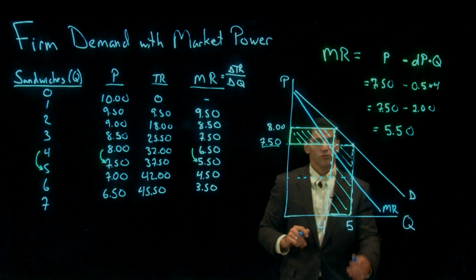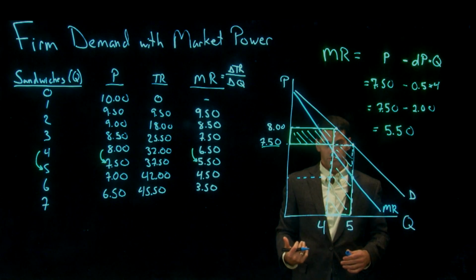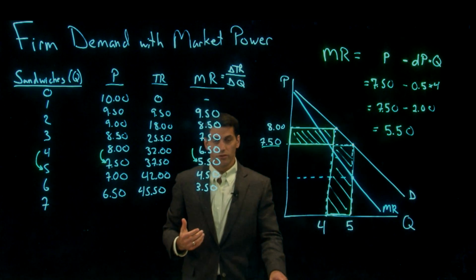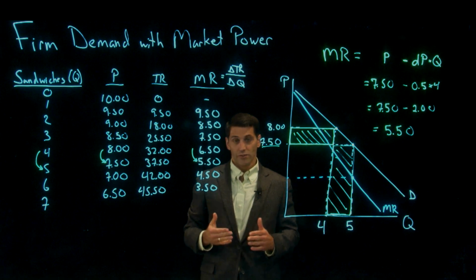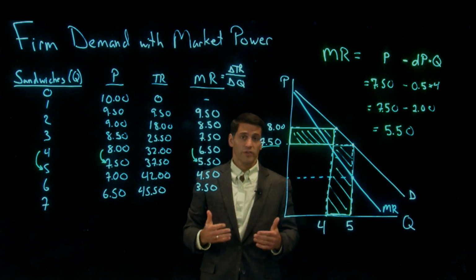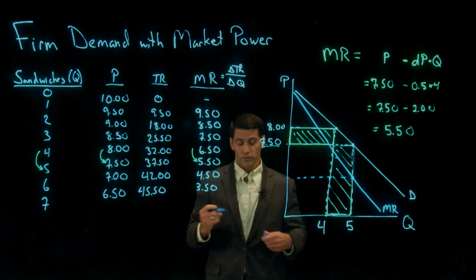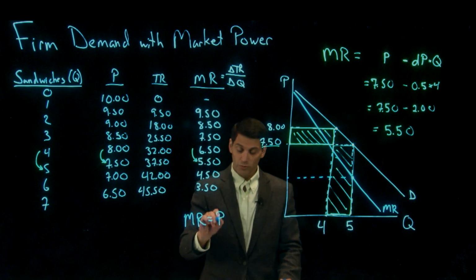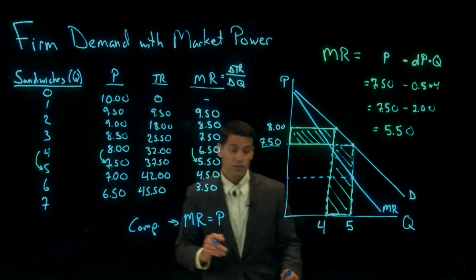We see that the marginal revenue curve is actually below the demand curve. And this is in stark contrast with the competitive model, where for a competitive firm, their demand curve and their marginal revenue curve were one and the same, meaning that for competitive firms, marginal revenue was just equal to price. That was in perfect competition.